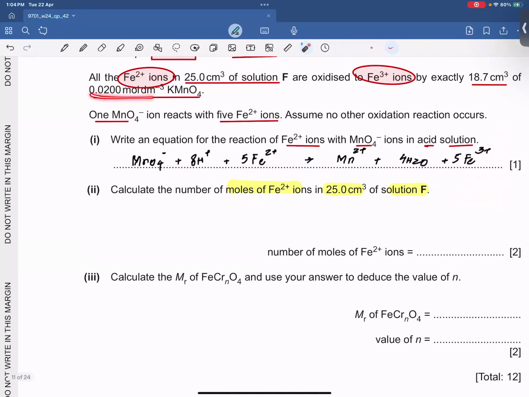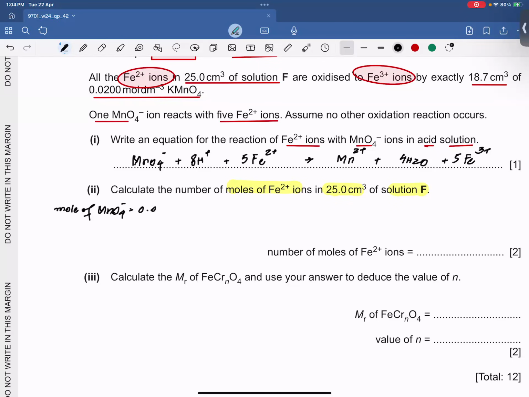So I know the concentration and volume of KMnO4, which means first of all, I need to find the moles of KMnO4. And moles of KMnO4 and manganate ions is the same thing.